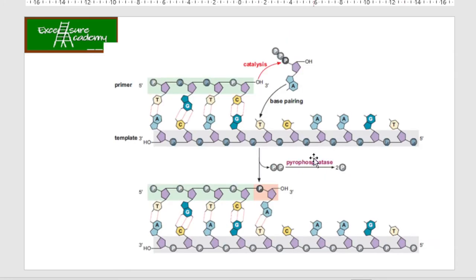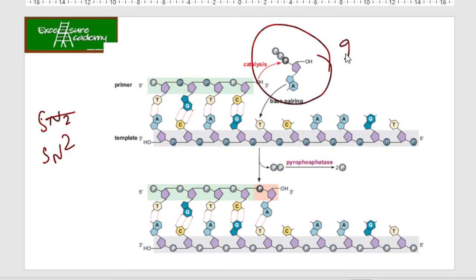Now see the figure over here. Let's understand what exactly they meant by saying the SN2 mechanism. Okay, so what is the SN2 mechanism here? So you can see that this is your incoming nucleotide, this is your incoming new dNTP. So what do we see over here?